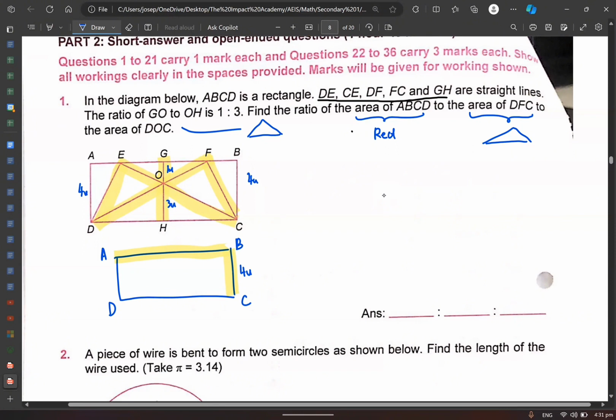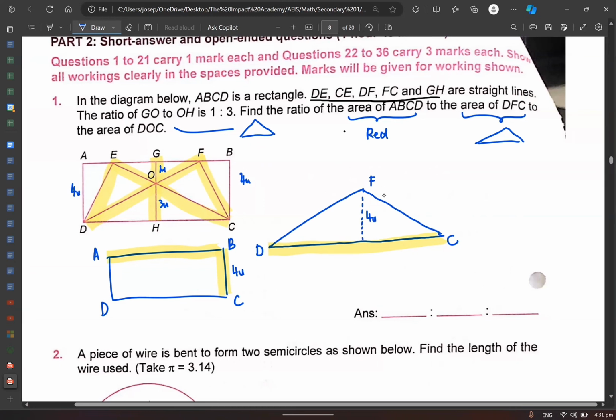Now, then of course, I move on to the next one. Area of DFC. So DFC, we can draw it out. When I look at D to F to C, I know that what I need really is the base over here and the height. And I know that height is actually already 4 units.